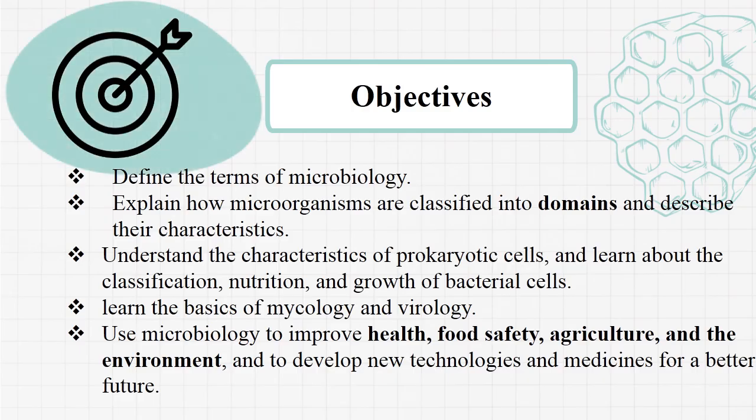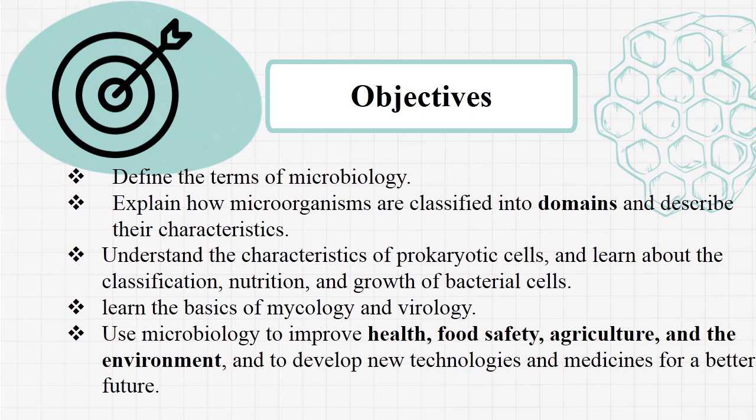By the end of this course, we will be able to achieve several important objectives. First, you will be able to understand basic microbiology terms. Then, we will focus on how microorganisms are classified so that you can recognize the major groups.